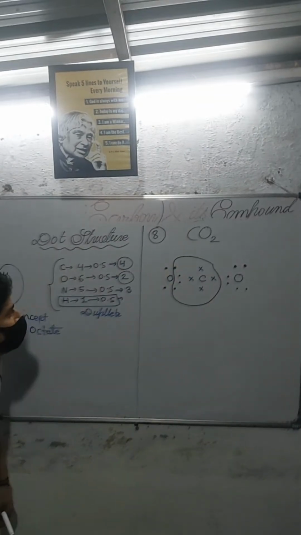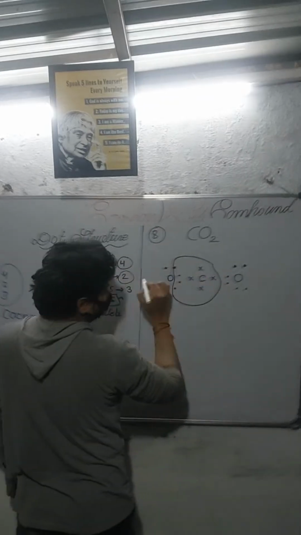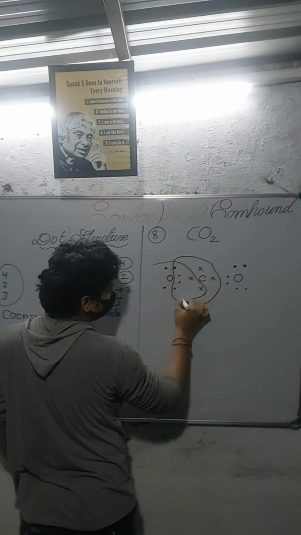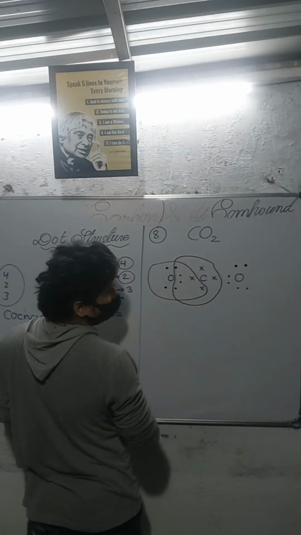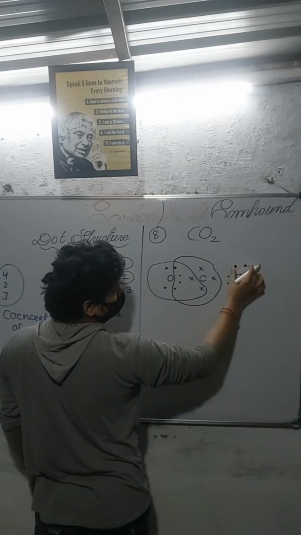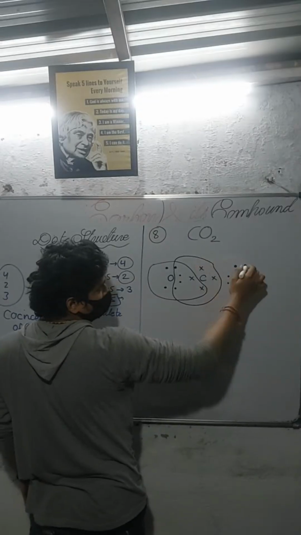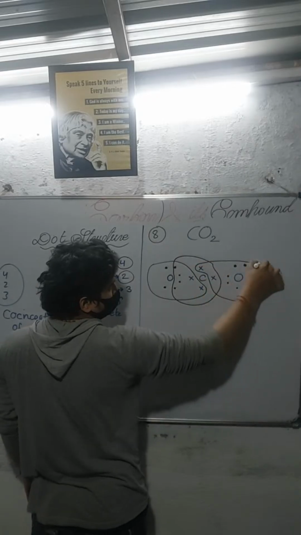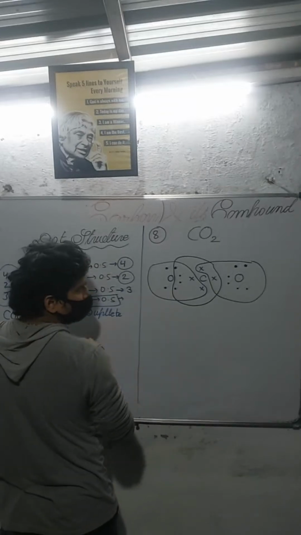Yes or no? Yes, sir. So what do they do? It is like this. And another oxygen also: 6, 2 plus 2 is 4, plus 2 is 6. So these two are free. Okay, getting it?